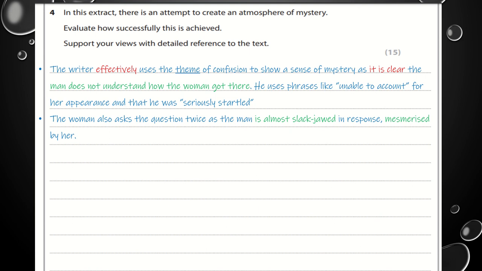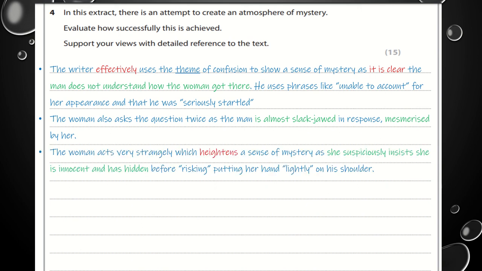The woman also asks the question twice, because she asks the question and then it goes into that internal monologue where he's just staring at her and he's slack-jawed and he's mesmerized. That builds a sense of mystery. That's the structural point that you might have taken from question 3, where the long sentences show it, but that builds a sense of mystery.